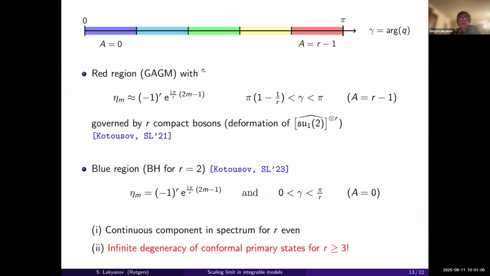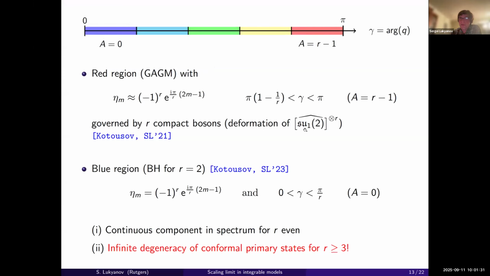This type of behavior for arbitrary R was studied in our work with Gleb Kotousov, in the segment which is close to the boundary pi. In this case, the conformal field theory is built from R compact bosons.